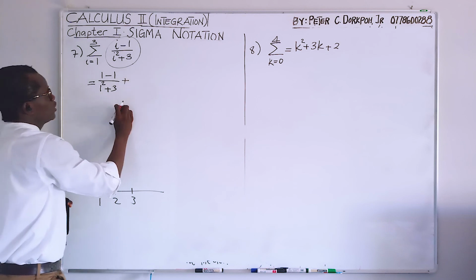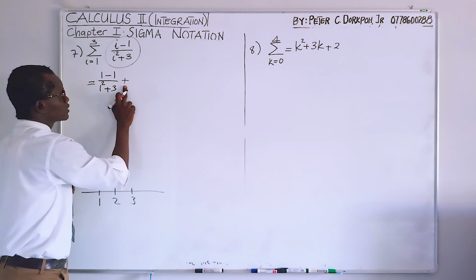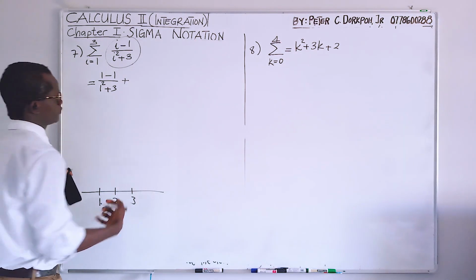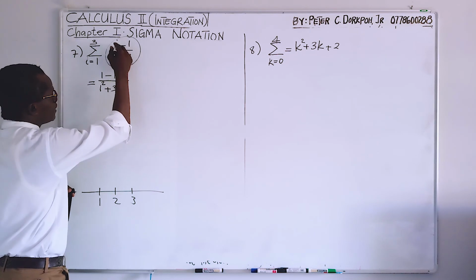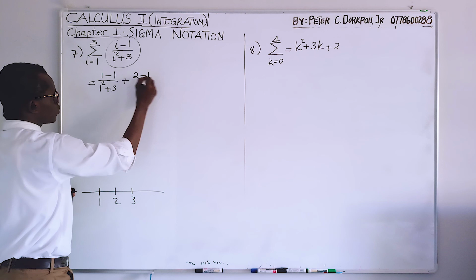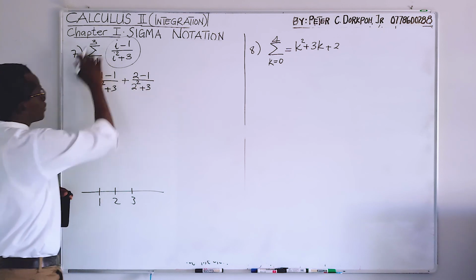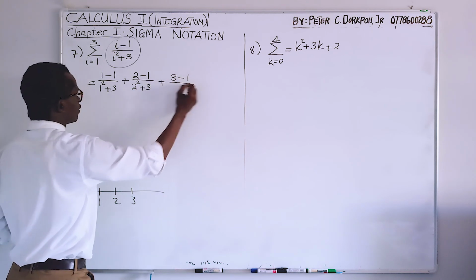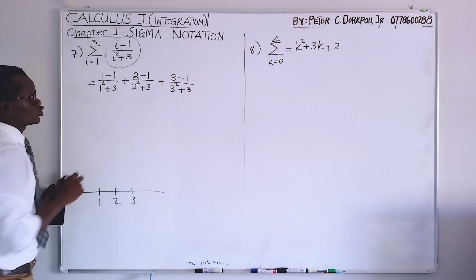Plus, the next one, when r is, now someone may ask, why is it I'm always writing plus? Because we are finding the sum of terms. So the next one is 2, when r is 2, so I'm going to replace this r now with 2, so it's 2 minus 1 divided by 2 squared plus 3. The next one, when r is 3, so I'm going to say plus 3 minus 1 all over 3 squared plus 3.